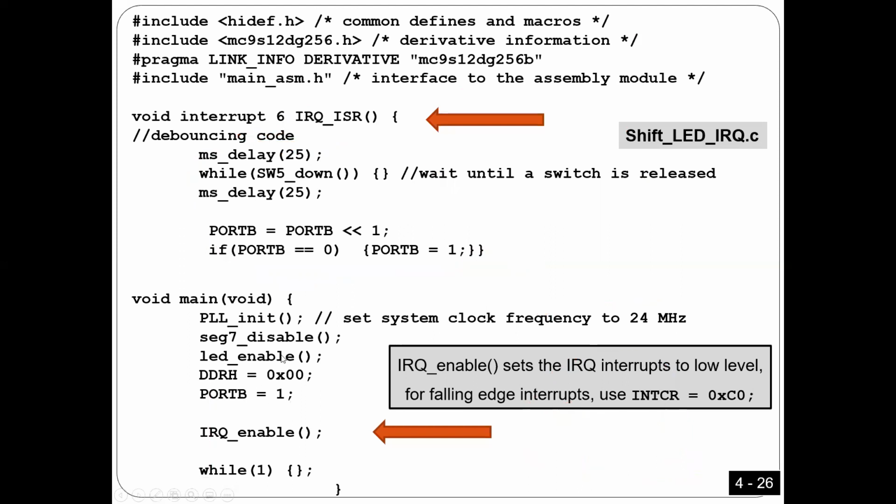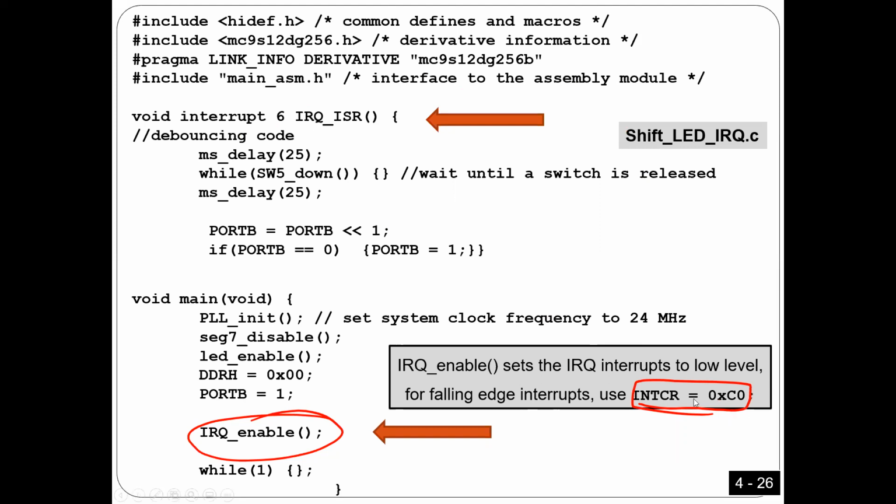So I'm going to show you now. Here we are using 7 segment, right? Also we are using here LED enable. All of this is similar to what we did before. So here for IRQ, all you can do is say IRQ underscore enable. Or you can write INTCR, interrupt control register, C0.